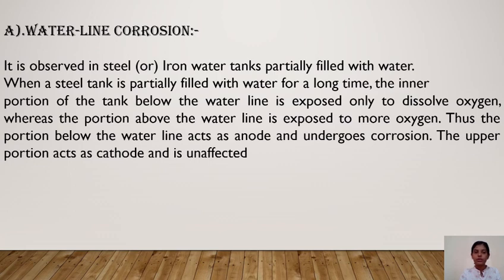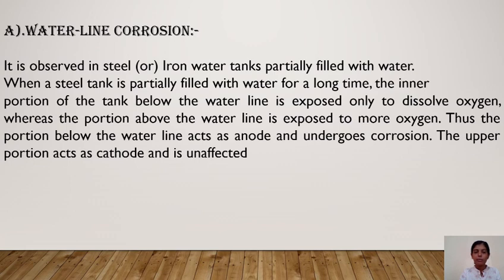Waterline corrosion is observed in steel or iron water tanks partially filled with water. When a steel tank is partially filled with water for a long time, the inner portion of the tank below the waterline is exposed only to dissolved oxygen, whereas the portion above the waterline is exposed to more oxygen. Thus, the portion below the waterline acts as anode and undergoes corrosion.